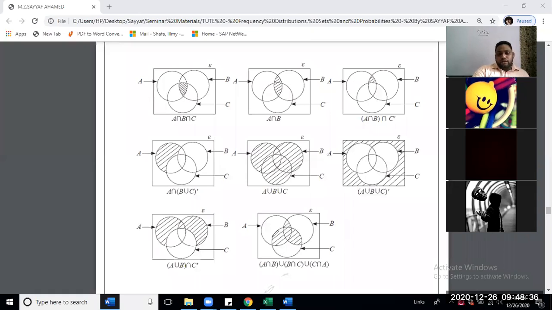The last one is A intersection B union B intersection C union C intersection A. That means AB intersection, BC intersection, and CA intersection. Basically, the part belonging to all three, and also vice versa with AB, AC, and BC.